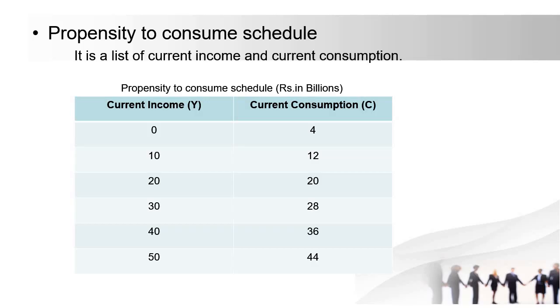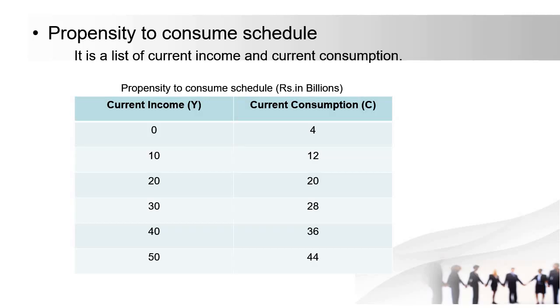We can have two columns, current income and current consumption. Suppose the income is 0 when the consumption is 4. Even though income is 0, there is a consumption of the people.